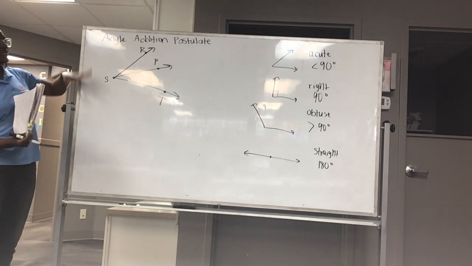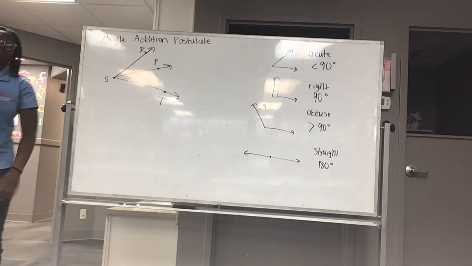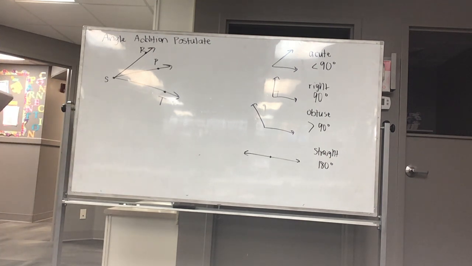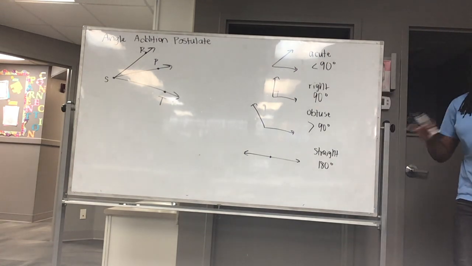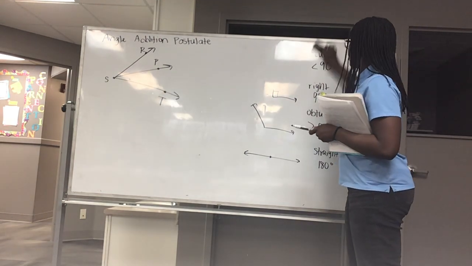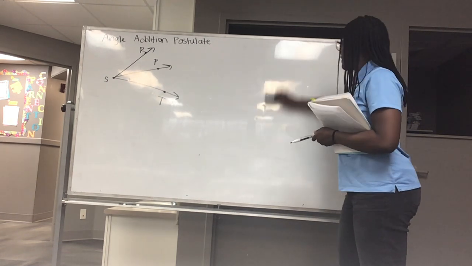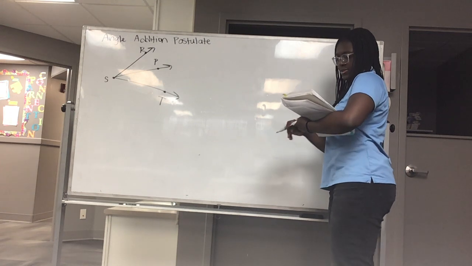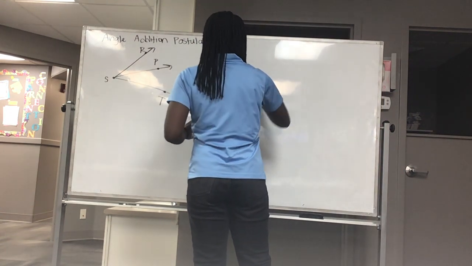And so these two smaller angles should add up to my larger one, is kind of what the angle addition postulate says. Yeah, so we're going to do an example. Does everyone have all this down? Yeah. Okay. We'll do this one together, and then the next one I'll give you guys your own.